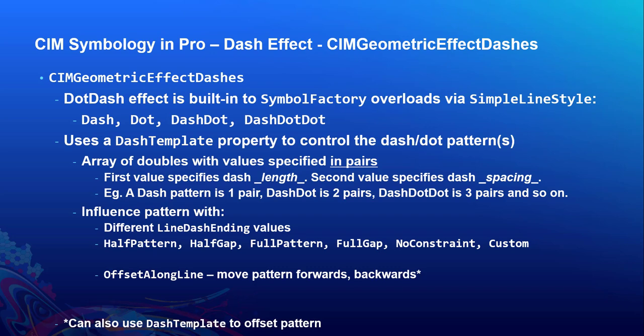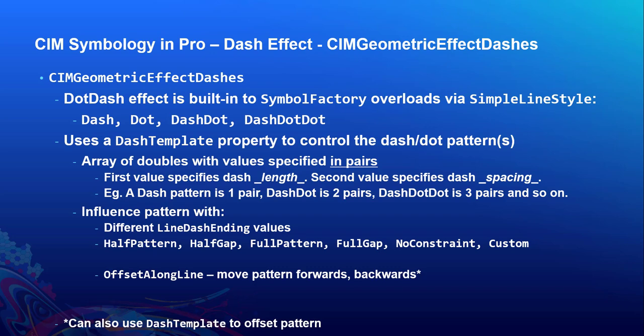The CIM geometric effect dashes contains a dash template property that contains an array of doubles, and you use that array to control the resulting dash or dot patterns. Values in the array must be specified in pairs. So it always has to be a minimum of 2 values. You use the first value to specify the dash length, and then the second value to specify the dash space.